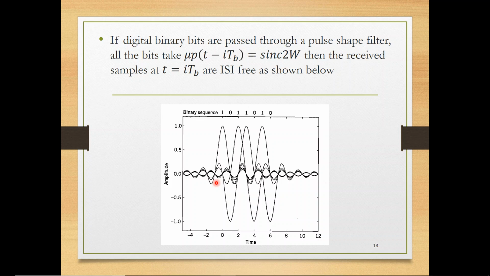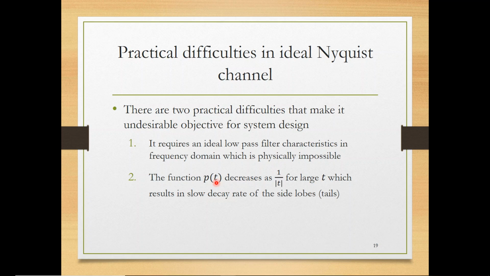At this instant of time, you get 0 interference. If any shift to left or right, you get inter-symbol interference. And it becomes disastrous. Imagine you shift by half TB, you cannot recognize your data, you cannot get it back. So this is really critical.